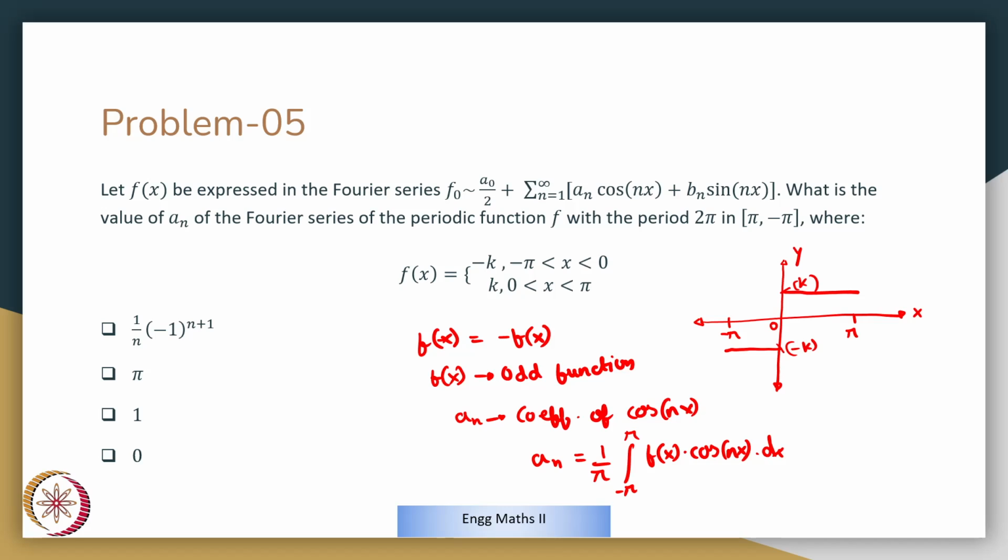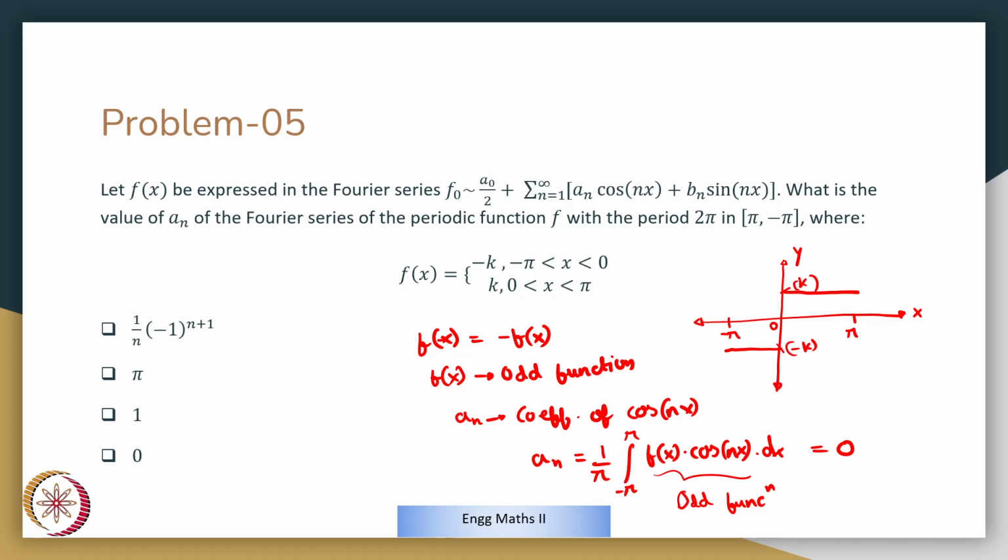Now we know that f of x is an odd function, but cos of nx is an even function. Therefore, this overall product is an odd function. And if we are integrating it from minus pi to pi, essentially the integration that we do from minus pi to 0 will cancel out the integration that we do from 0 to pi. So for our case, a n will turn out to be 0.